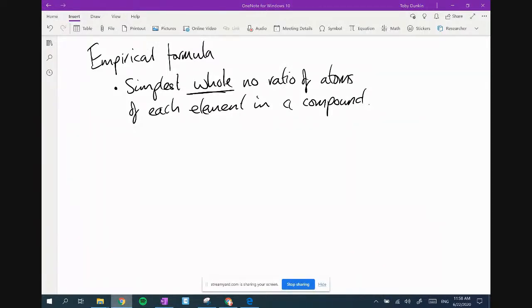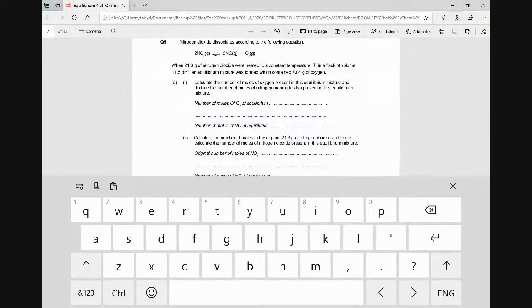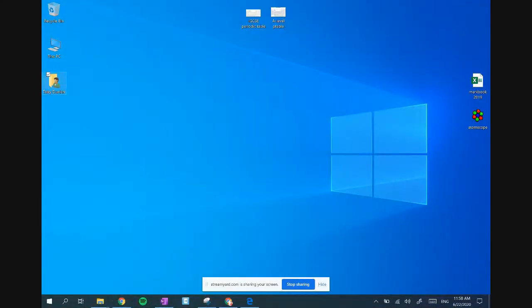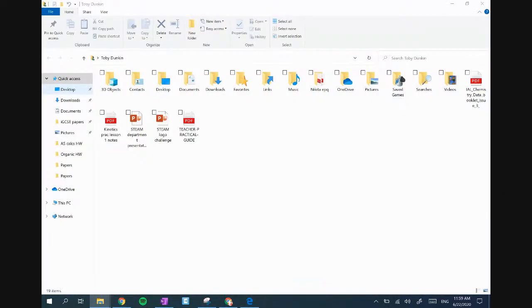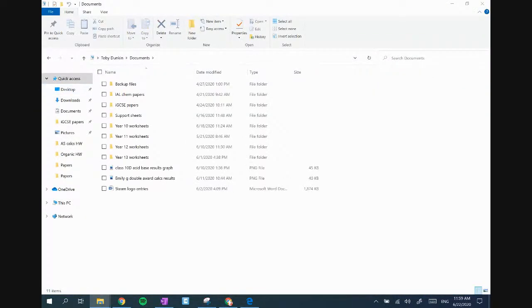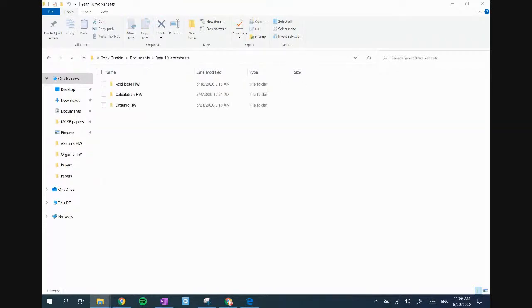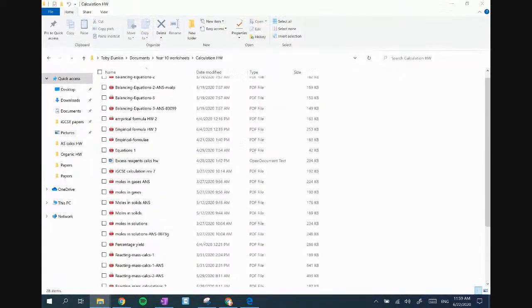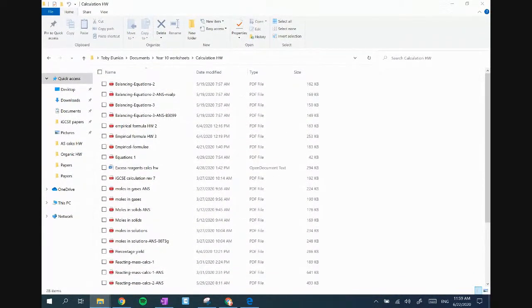You guys are seeing my screen anyway. I kept all the sheets of all the stuff I've been doing with all my classes. And I just did empirical formula with my year 10s, so I've got an empirical formula homework somewhere.